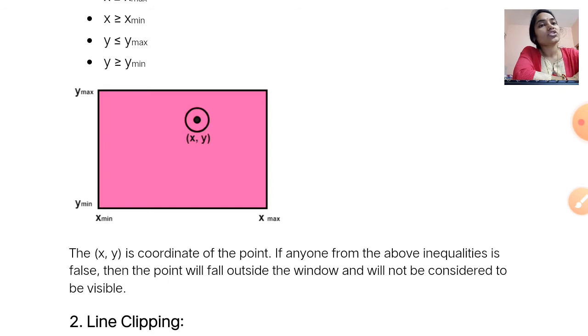Here x, y is the coordinate of the point. If any one of the above inequalities is false, then the point falls outside the window and will not be considered to be visible.